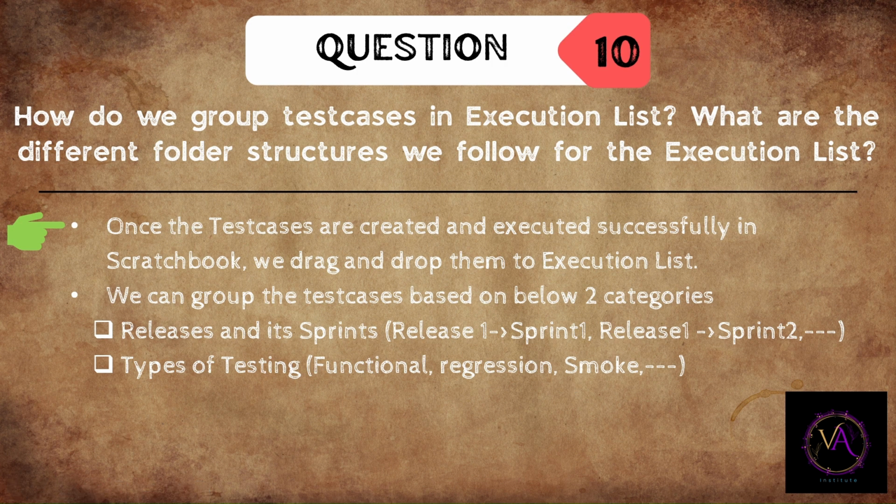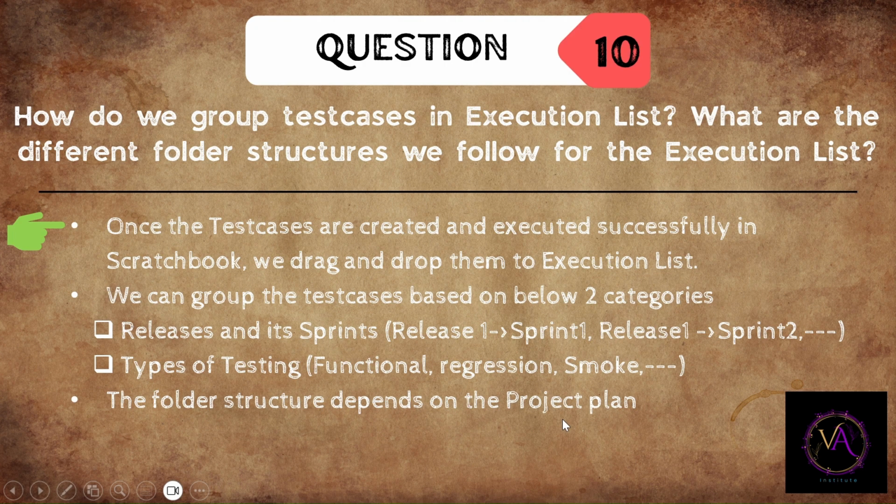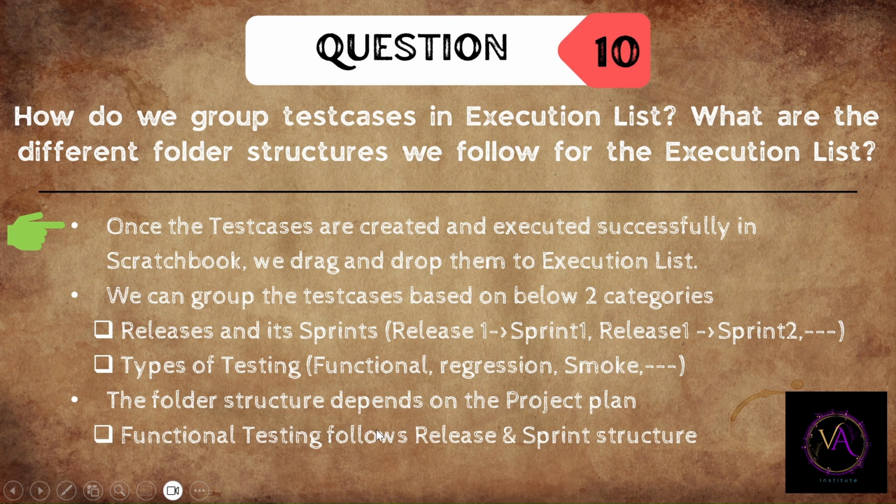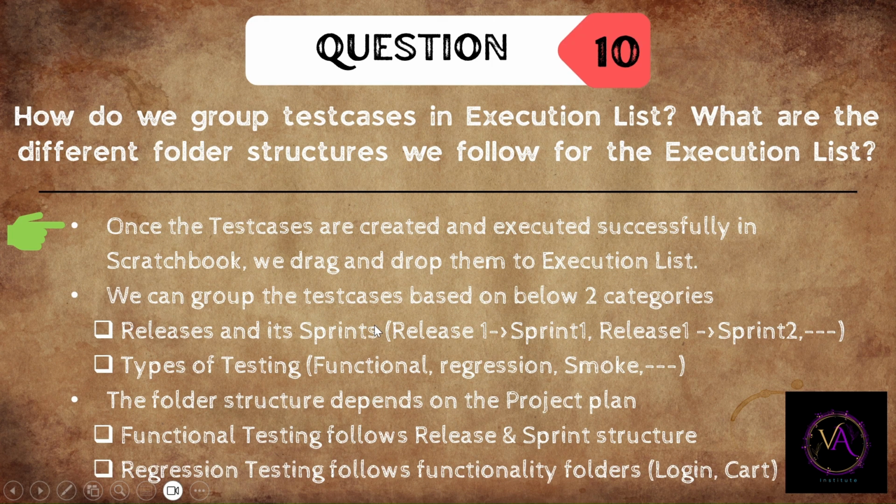Having said that, the folder structure depends on the project plan. Functional testing follows release and sprint structure. So if you're doing functional automation, then you go for releases and sprints. But regression testing follows functionality folders, which can be login, cart, register, adding books to the cart, orders, order maintenance. All of these things come into your regression testing.